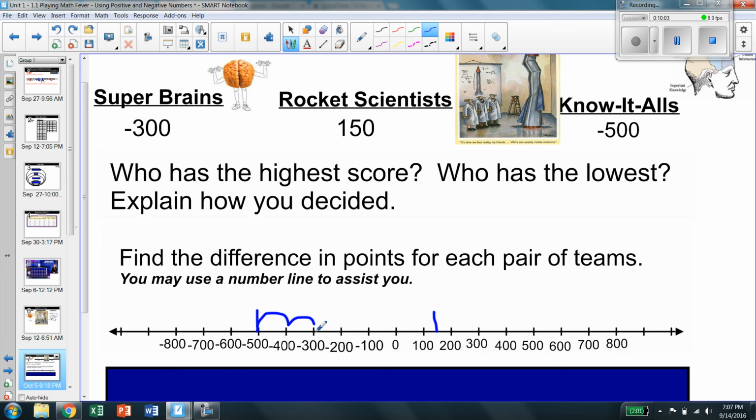So 1, 2, 3, 4, 5, 6, 50. 650. If we wanted to check out the Super Brains and the Know-It-Alls, we could just check out the number line again. 100 and 200 points.